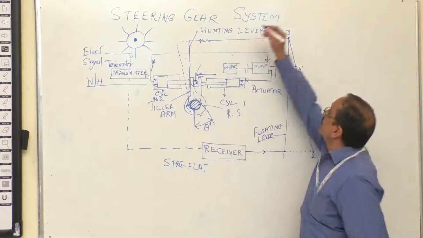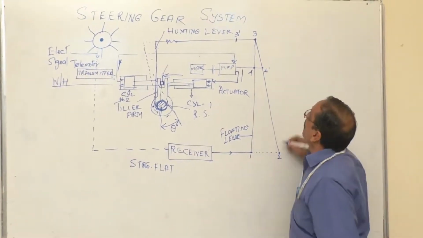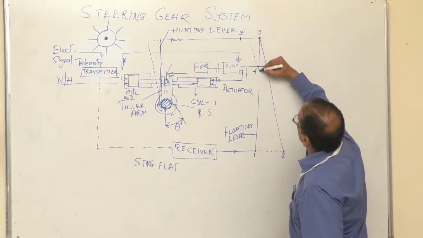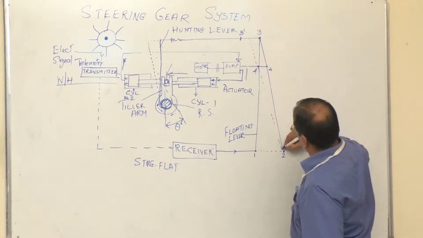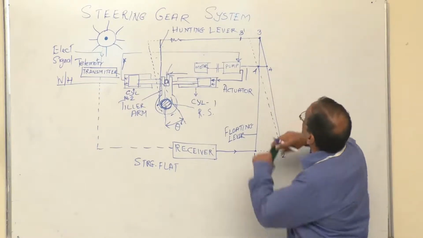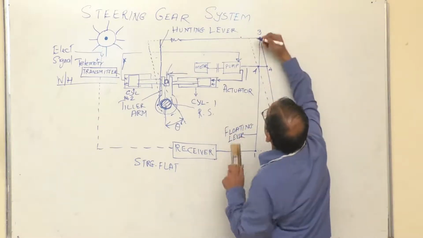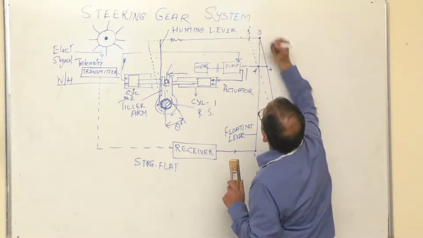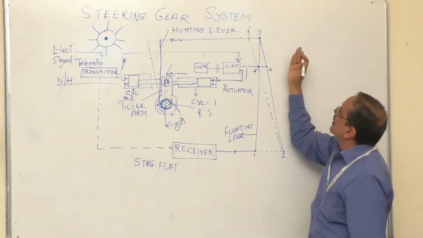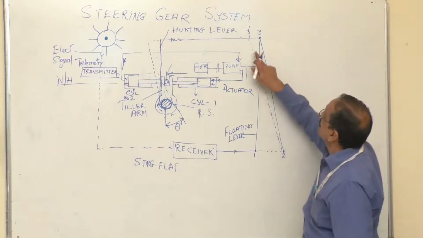So when it is being pulled to 3 dash with respect to 2, we have a line which is developing in this fashion. So with respect to 2, I have the new position forming 2, 4, 3 dash.